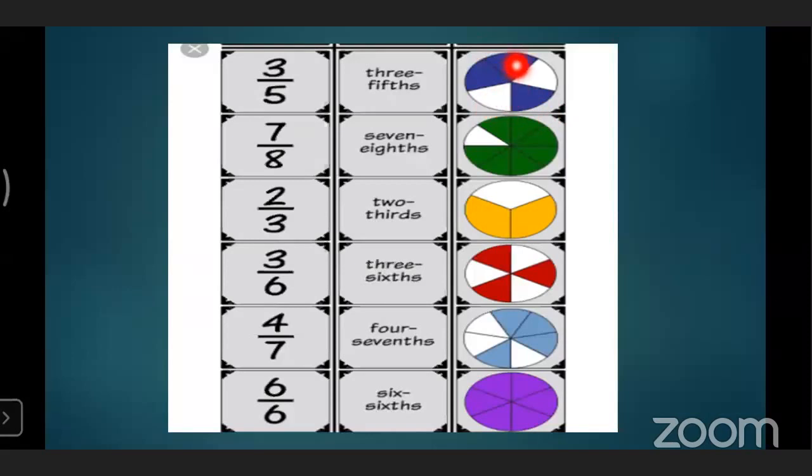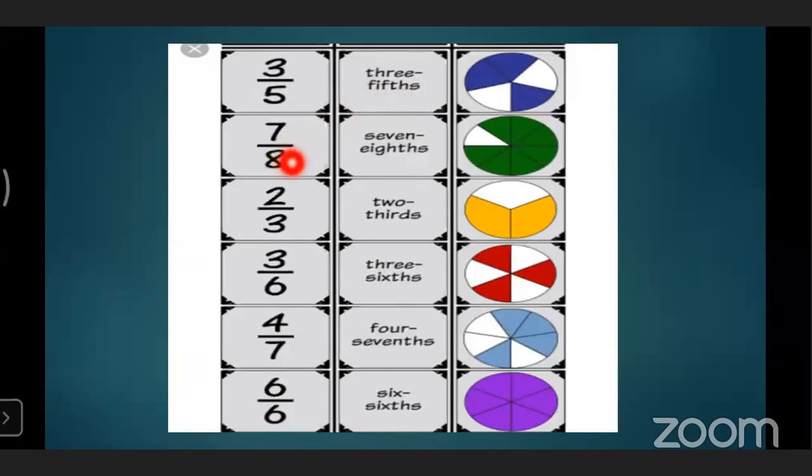Let us count. 1, 2, 3, 4, and 5. That circle is divided into 5 equal parts, and among them, how many parts are colored? 3 parts are colored, 1, 2, and 3. So we have written 3 upon 5. We read it as 3 upon 5, or 3/5.